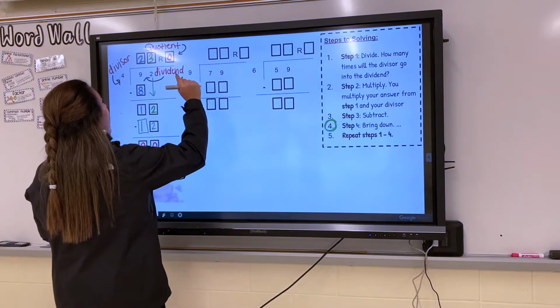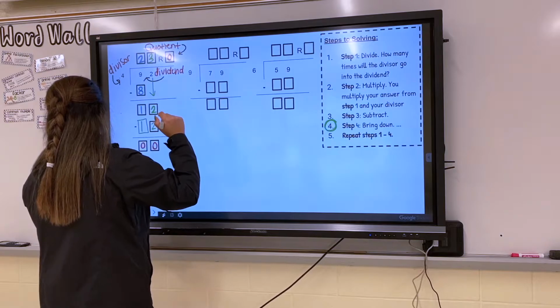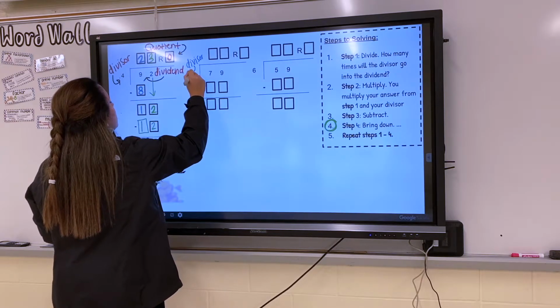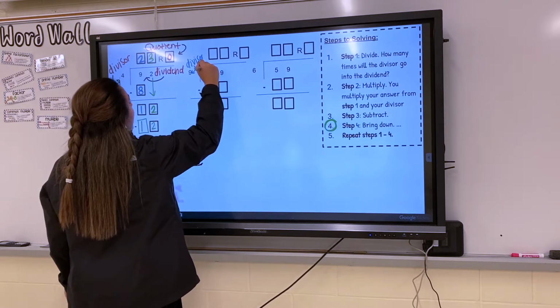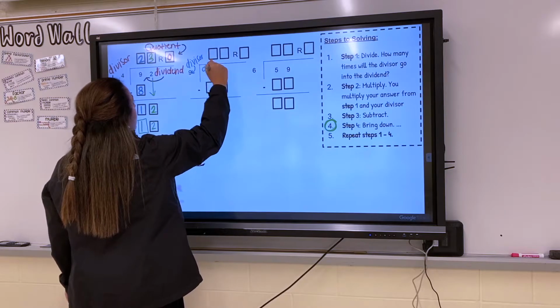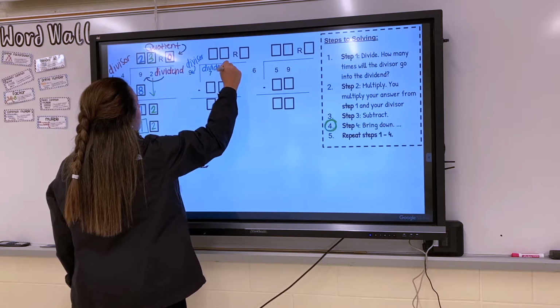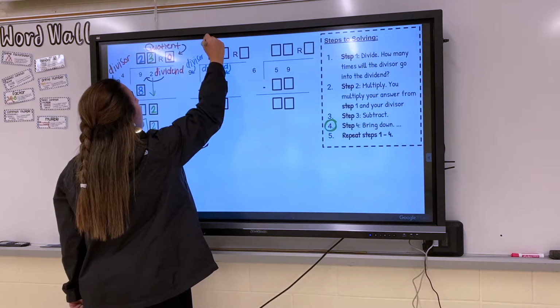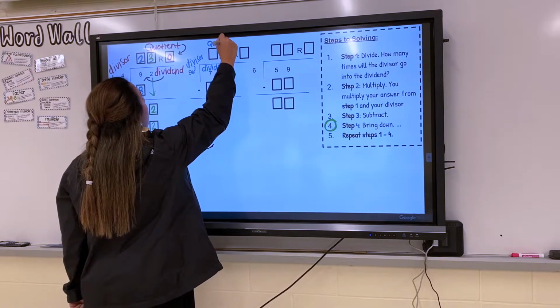So now remember, 9 is our divisor. 79 is our dividend. And whatever is going to go up here is our quotient.